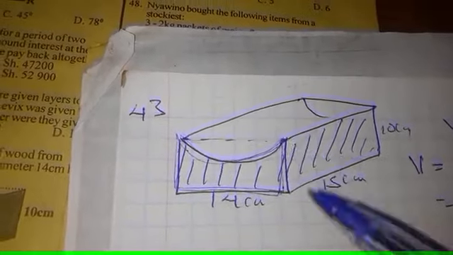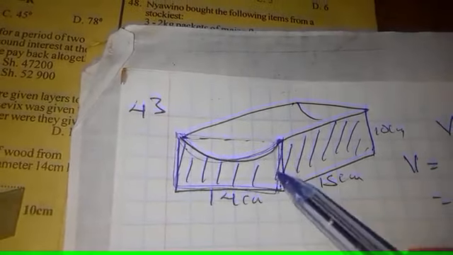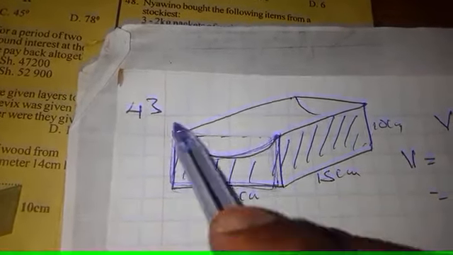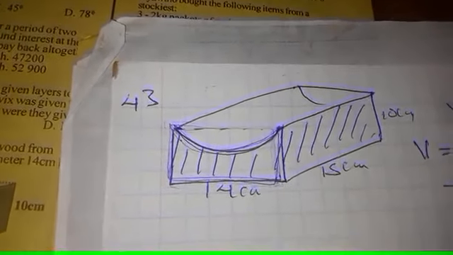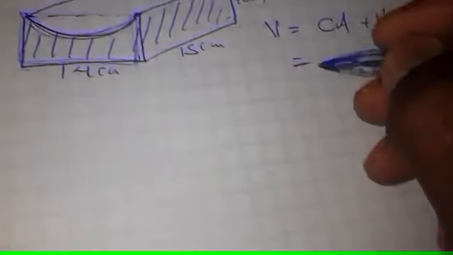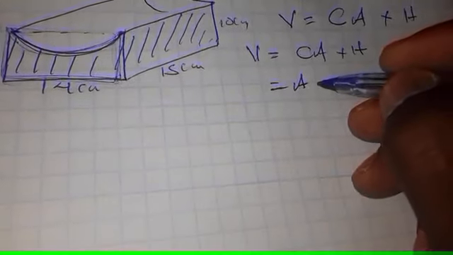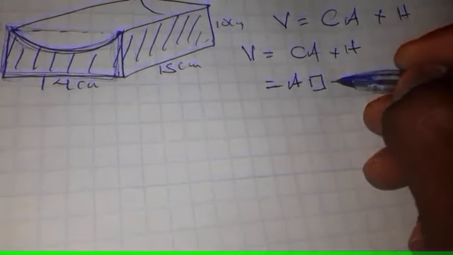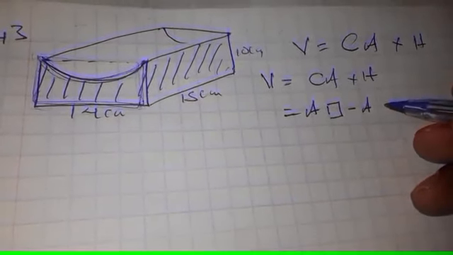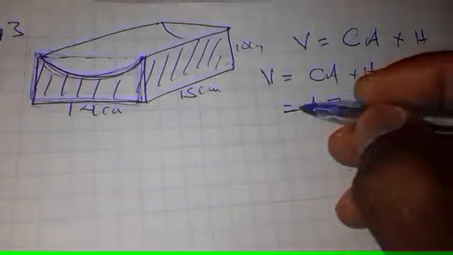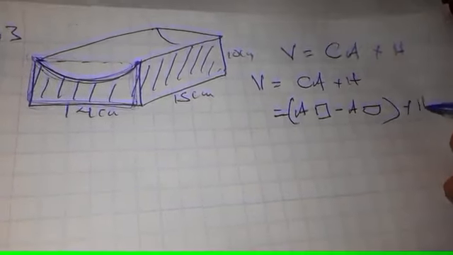And this part is a rectangular shape in which a semicircular shape has been removed. So we're going to get the area of a rectangle minus the area of half a circle, and then you're going to multiply it by the height.